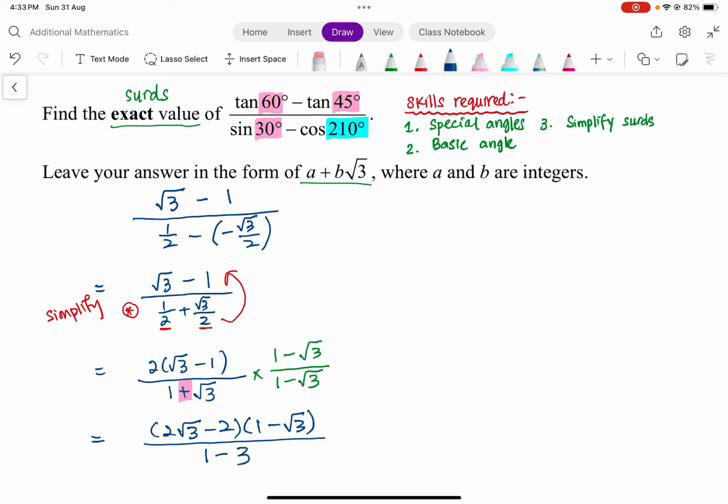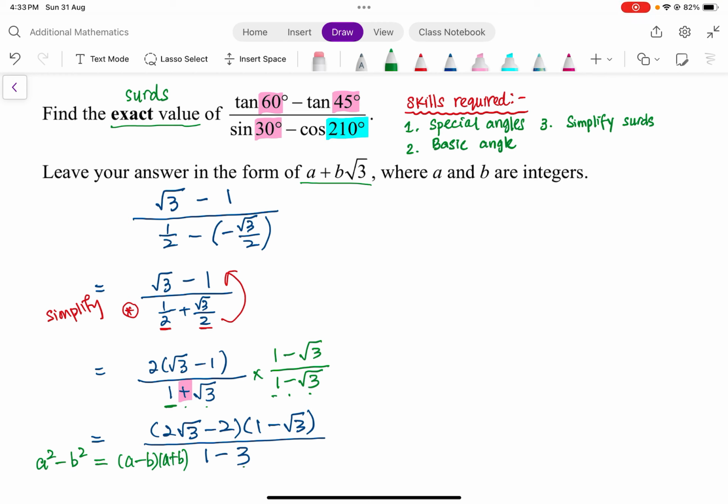For those of you wondering how I get 1 minus 3, this is simply based on the special product a squared minus b squared equals a minus b times a plus b. So I have a plus b times a minus b. This gives me 1 squared, which equals 1, minus root 3 squared, which gives me 3. That's how I simplify the denominator.